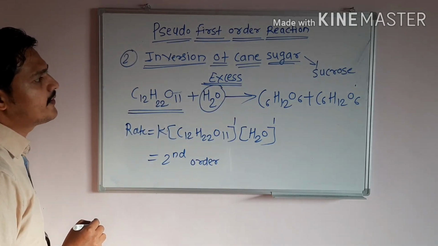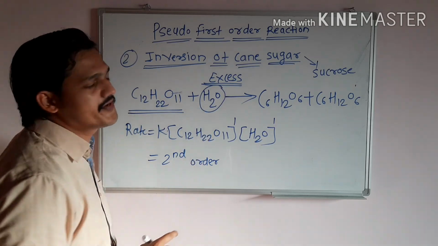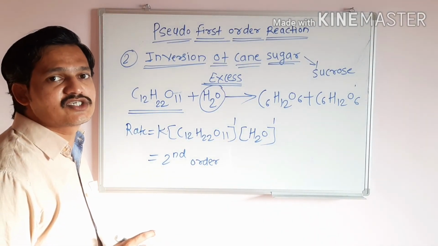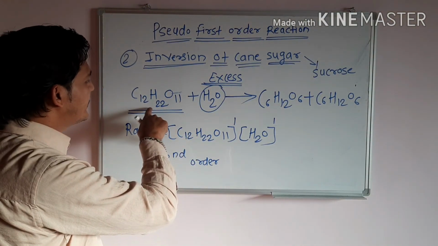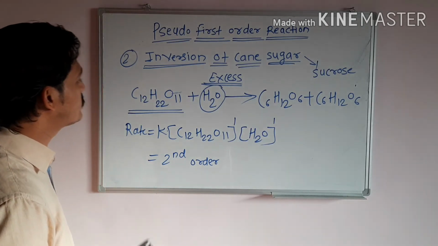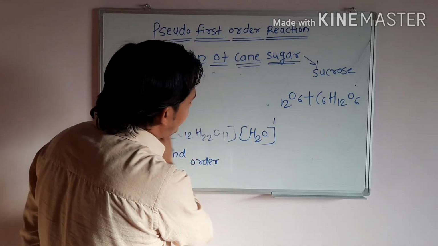So the rate of reaction doesn't depend on the concentration of water. The rate of reaction only depends on the concentration of cane sugar, that is sucrose. So this reaction has first order kinetics.